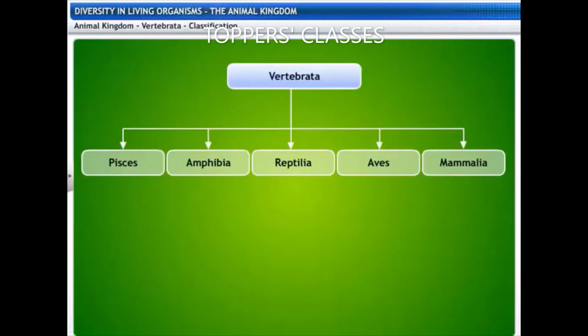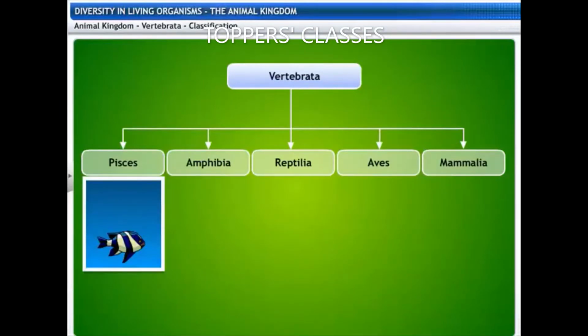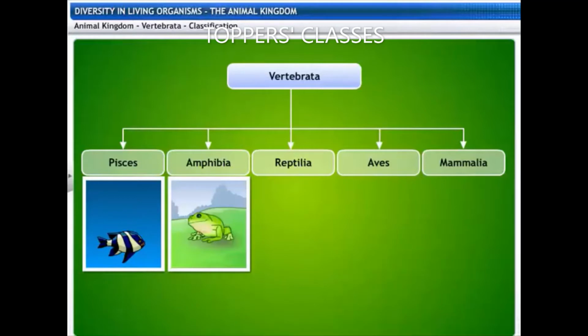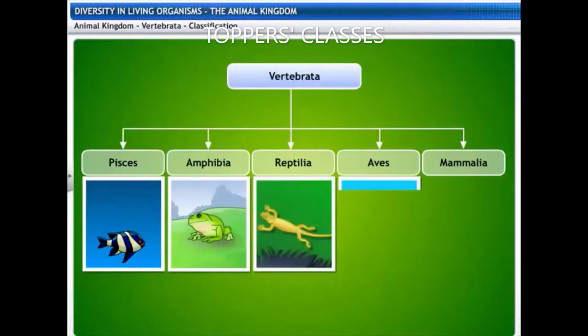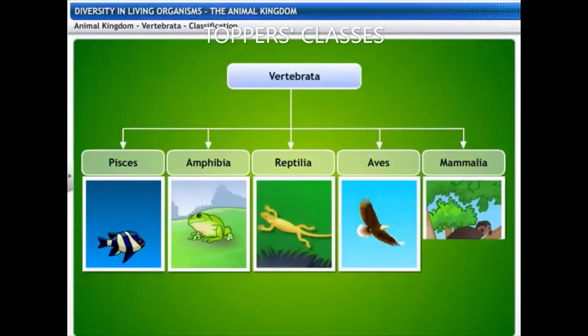Vertebrates are grouped into 5 classes, namely Pisces, amphibia, reptilia, aves, and mammalia. Let's take a look at each of these classes.